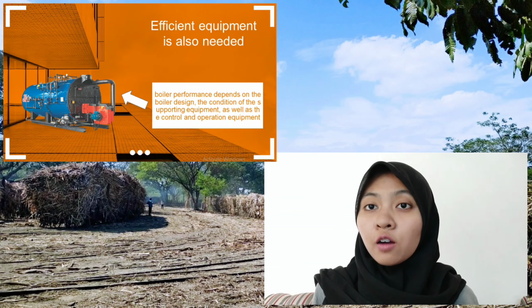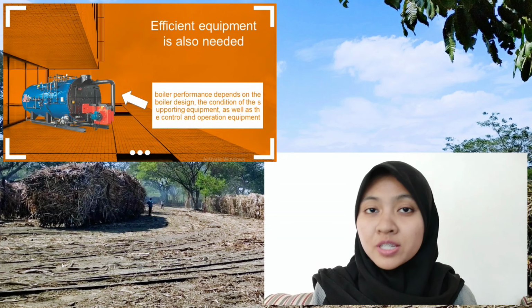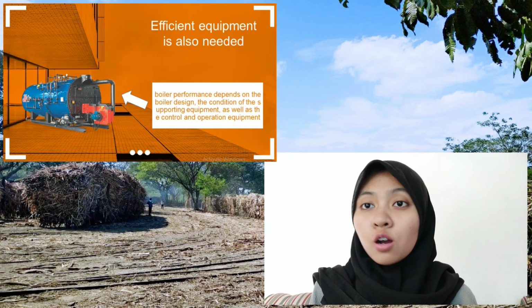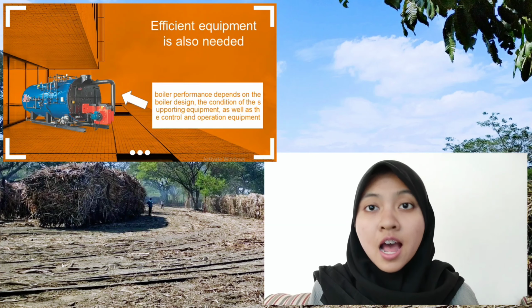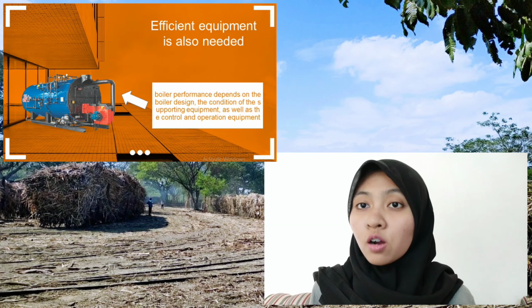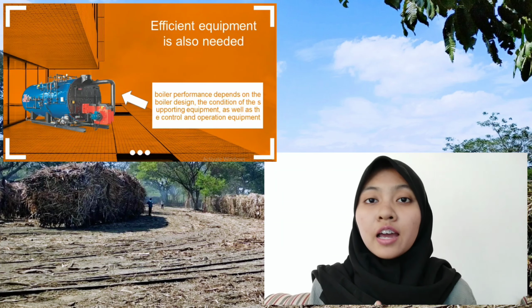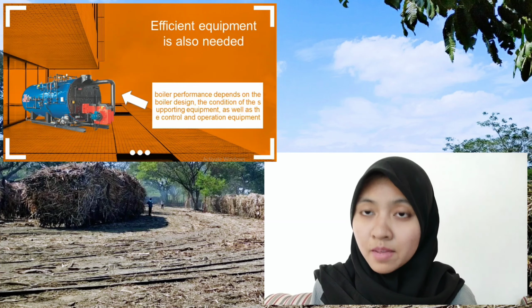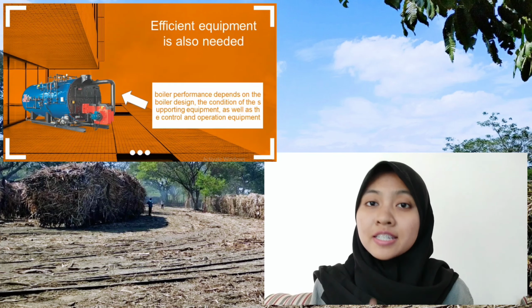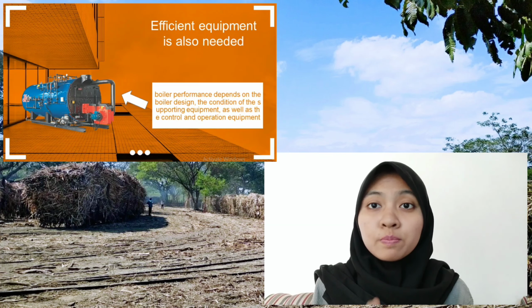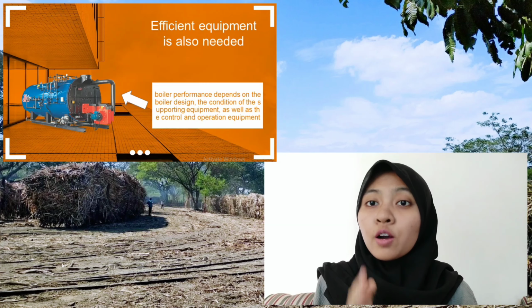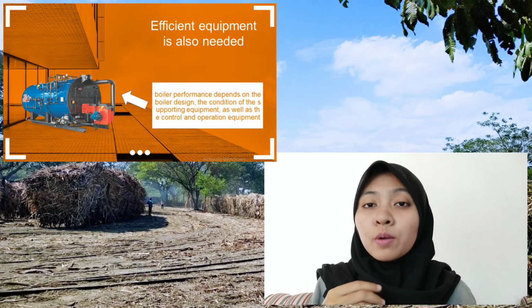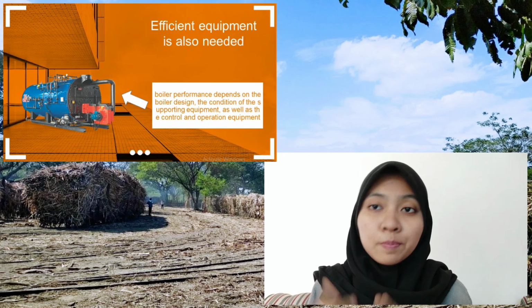The quality of the bagasse and boiler performance also depend on the boiler design, the condition of the supporting equipment, as well as the control and operation equipment. In accordance with the existing boiler type, if the steam efficiency and production volume per kilogram of waste burned are very high, the boiler performance can be said to be optimal.